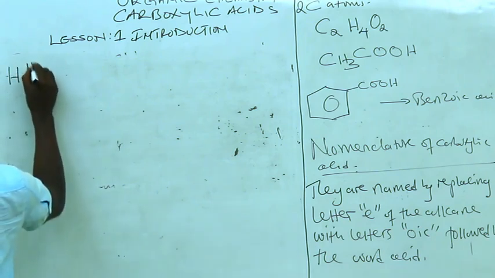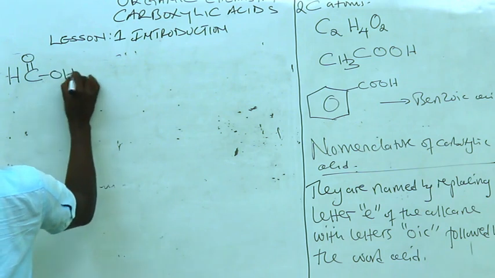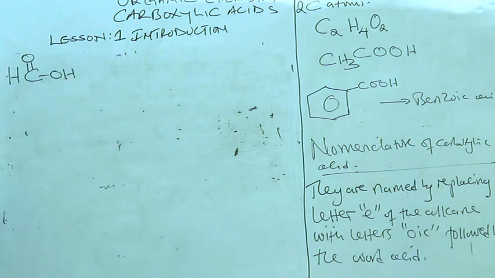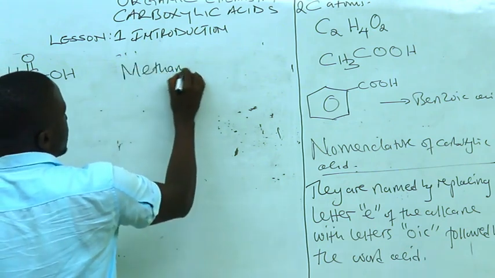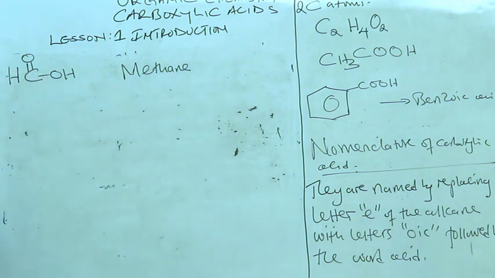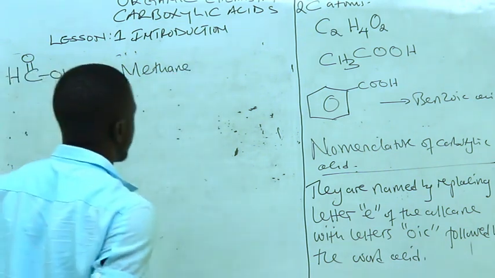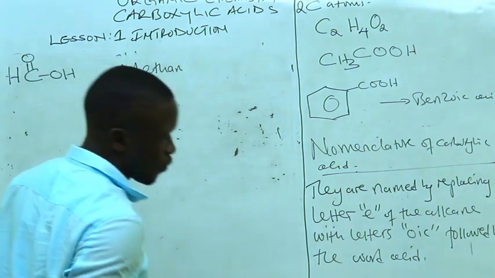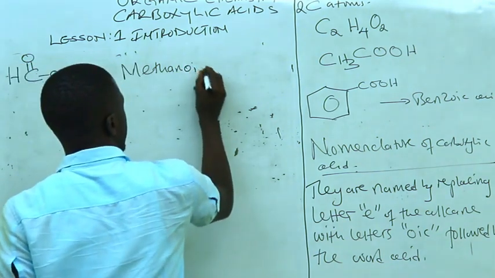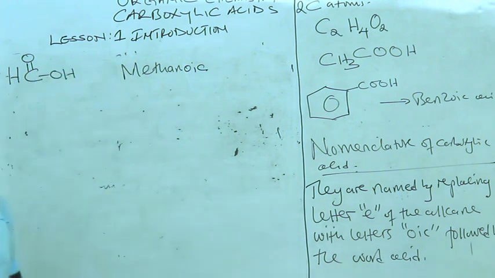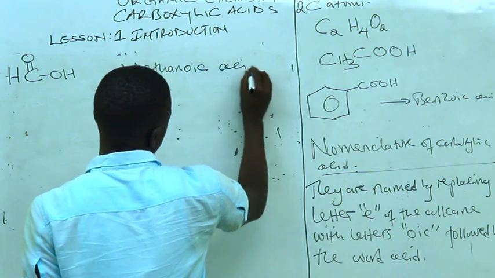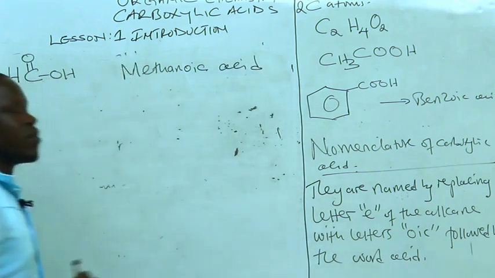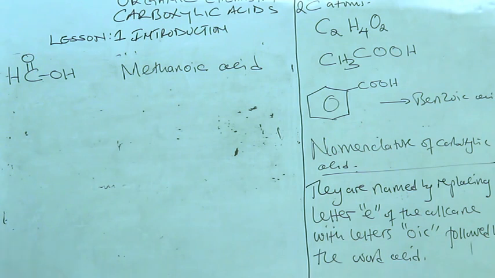Let's begin with the simplest, with 1 carbon atom. The name of the alkane would be methane, because this is 1 carbon atom. But we are going to replace the letter E with the 3 letters OIC. So the compound becomes methanoic, and we add the word acid, hence methanoic acid.